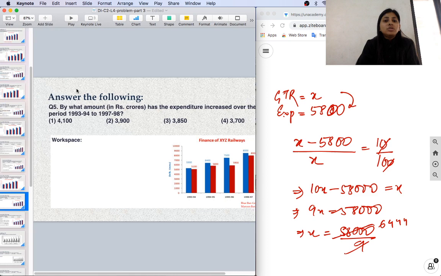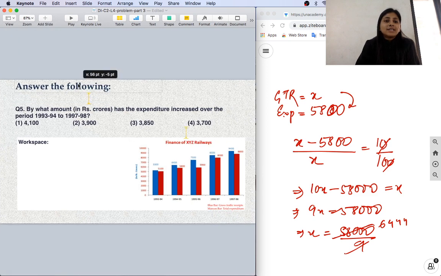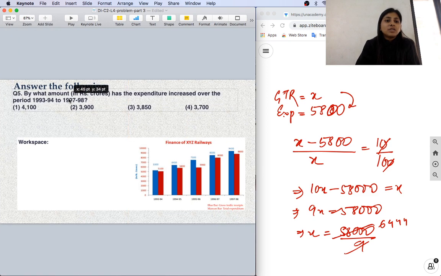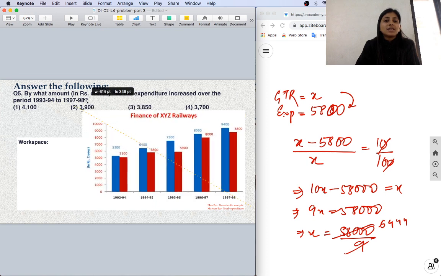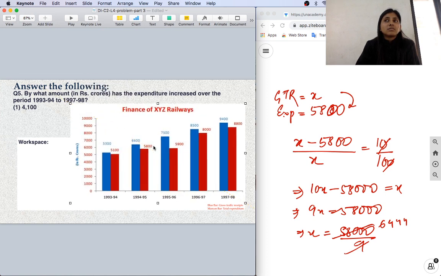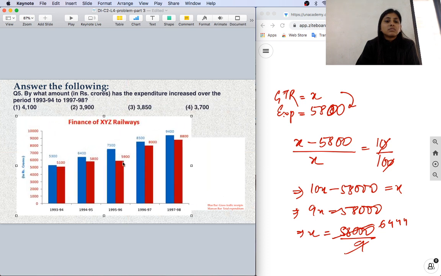By what amount in rupees crore has the expenditure increased over the period 1993-94 to 1997-98?